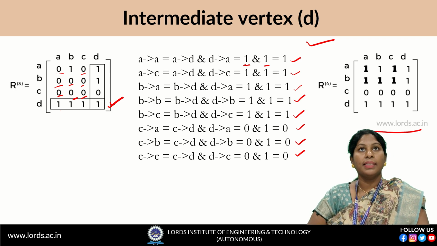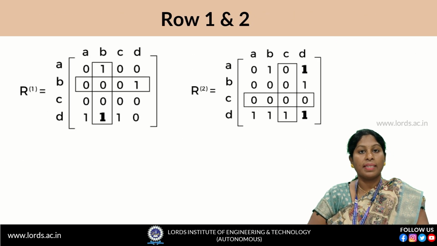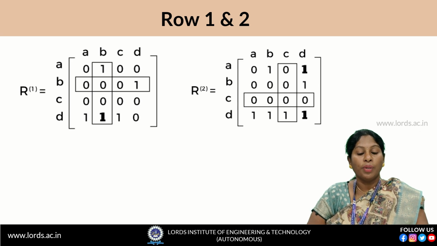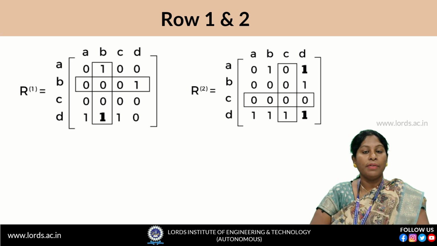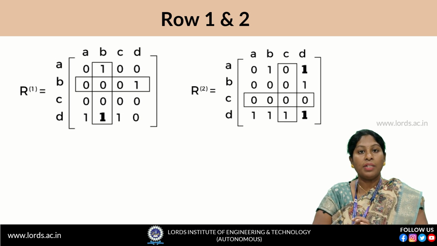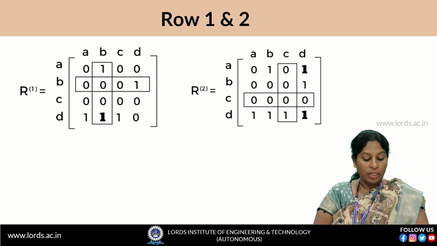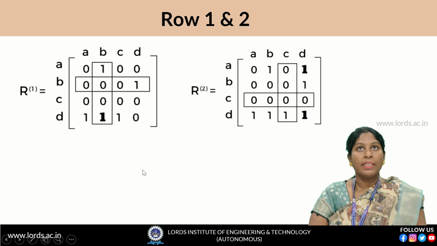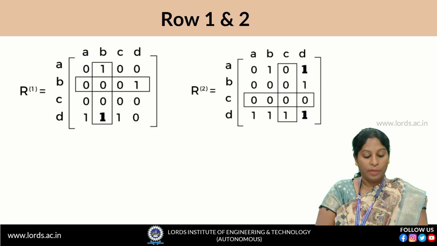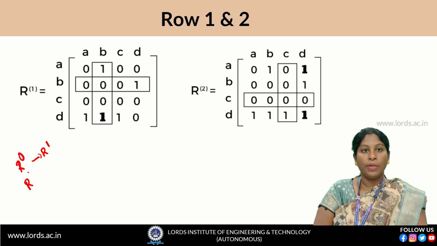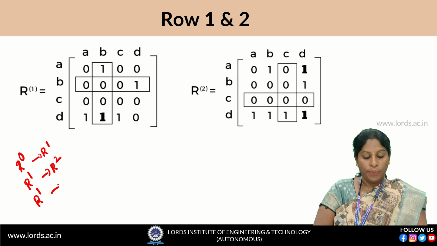So let us consider the previous slides, where we have R1 and R2. So what do you mean by R1 and R2? R1 is nothing but from the previous slide, R0, nothing but the base form. These are the transitive closures we have calculated from R0. From R0 to R1 is a transitive closure. From R1 to R2 a transitive closure.